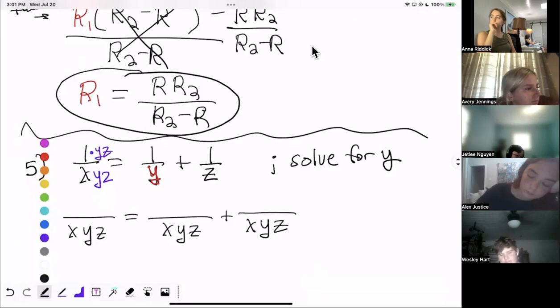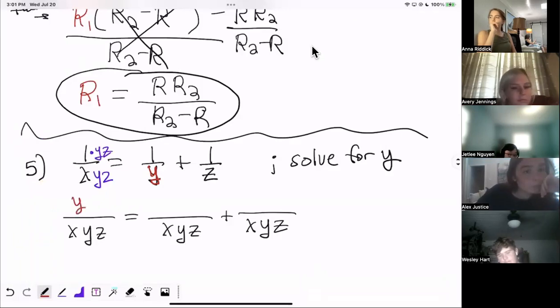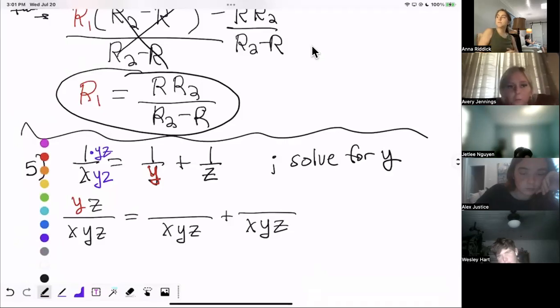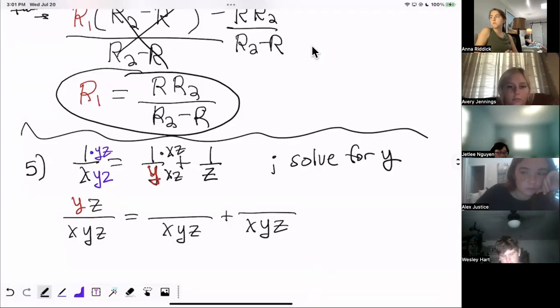And let me go red first because I want to highlight my Y as we're solving for Y. So that second fraction, I have Y, I need my X and Z, which means I multiply the numerator by X and Z, and that means I have XZ as my new numerator.